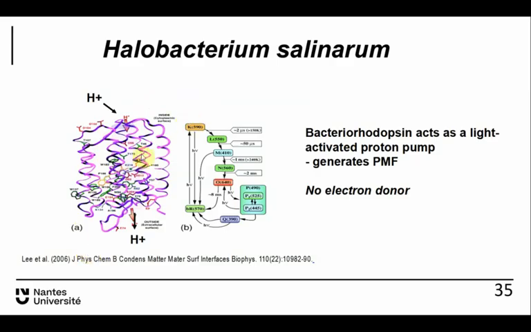When light is absorbed here, it allows the bacterium to translocate one proton across the plasma membrane. So this is a light-activated proton pump, and it allows the bacterium to generate proton motive force. And if you've got proton motive force, you can generate ATP. So it's good. No electron donor, no electron acceptor.